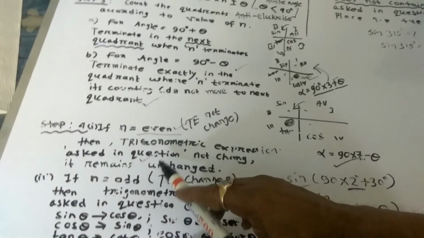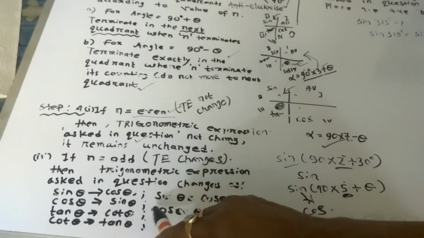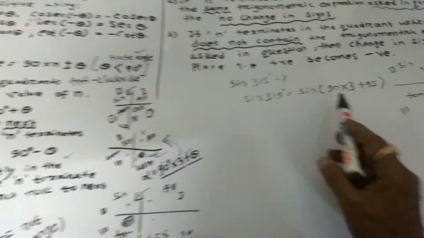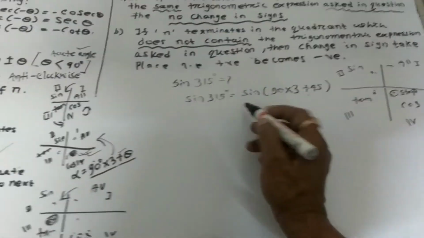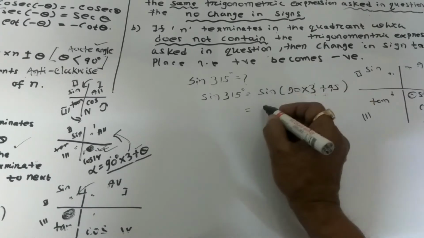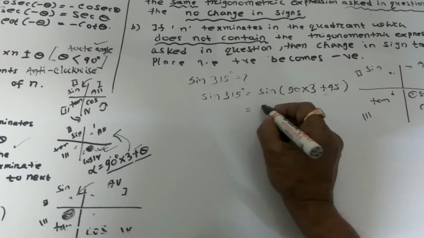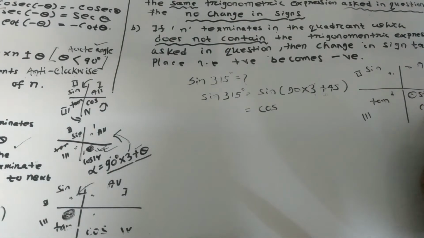And now see the odd number. If it is odd, then the trigonometric expression changes. There are two rules: one is to change the expression, and the other is to change the sign. So it is odd, so we must put cos. Go to cos, and it is in the fourth quadrant.